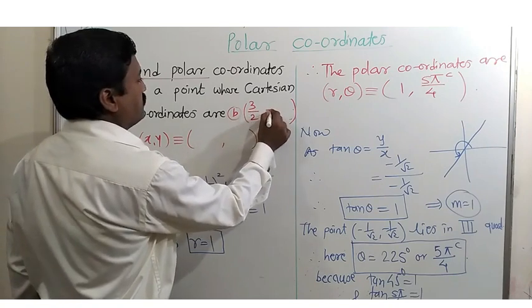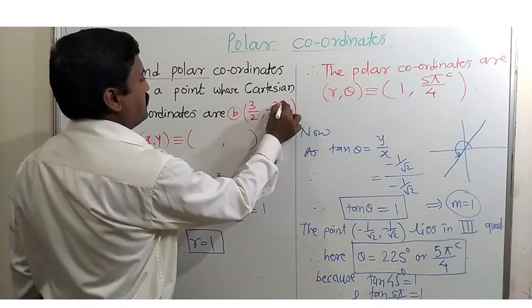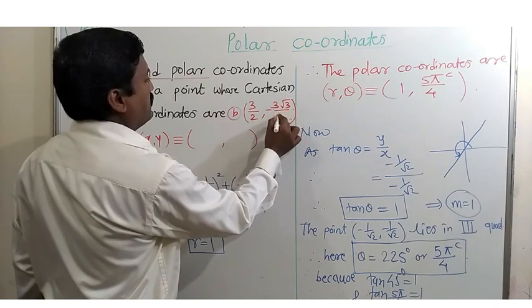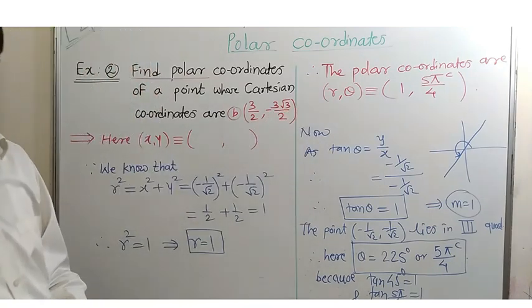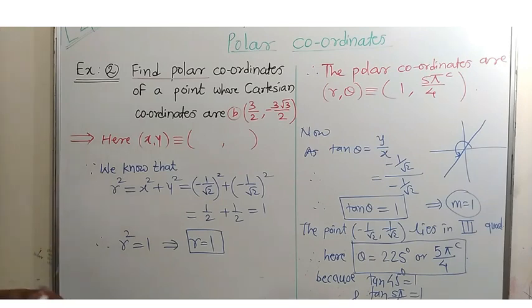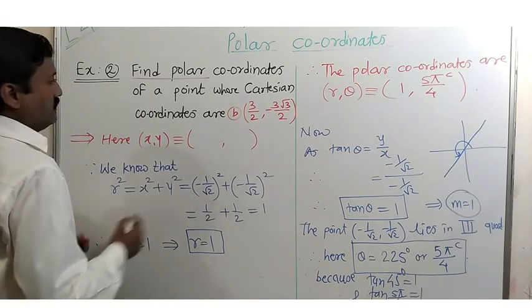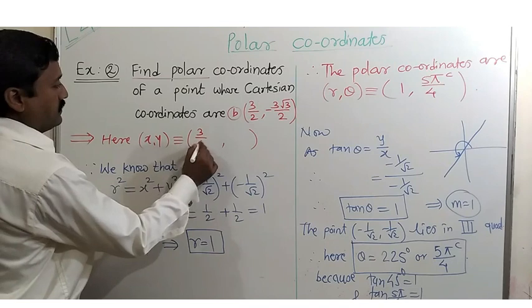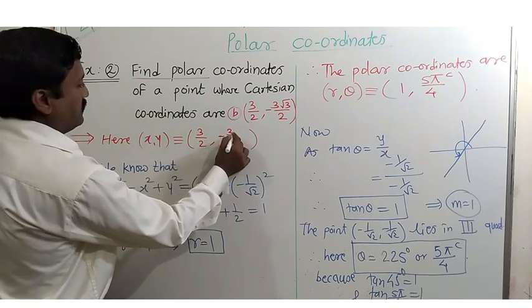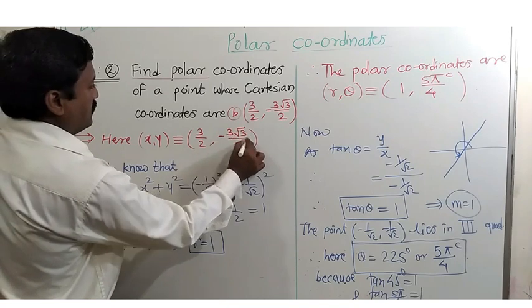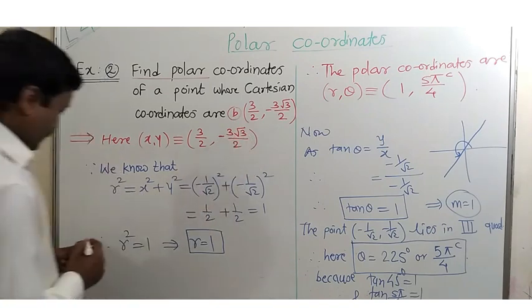Here the x, y is 3 by 2 and negative of 3 root 3 upon 2.